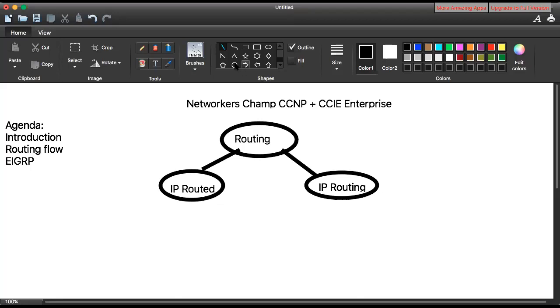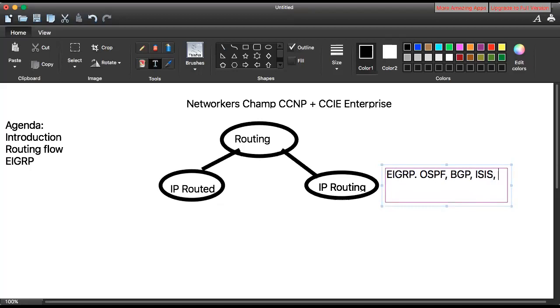So what protocols do we use here? For example, EIGRP, OSPF, BGP, or IS-IS. These are the kind of protocols.